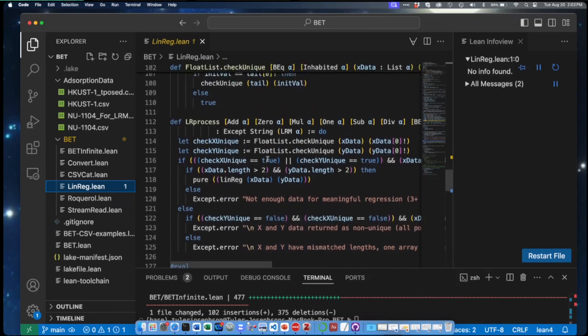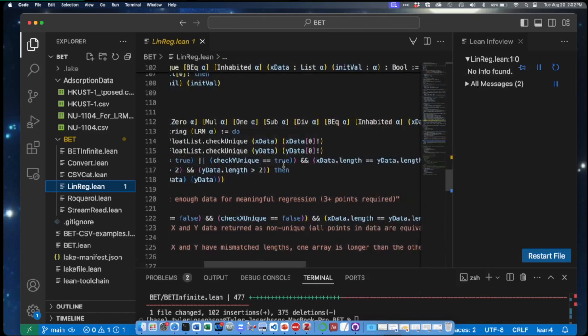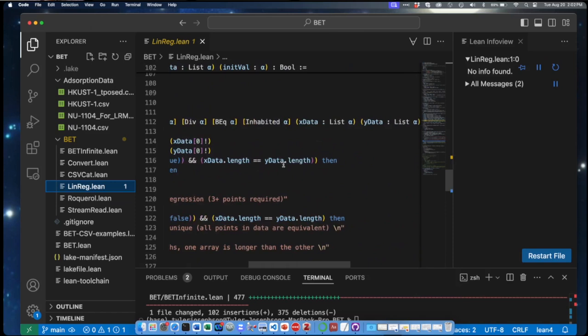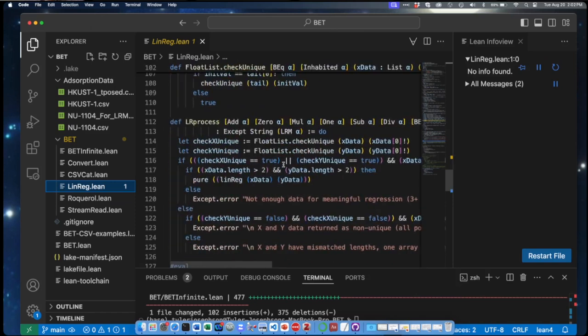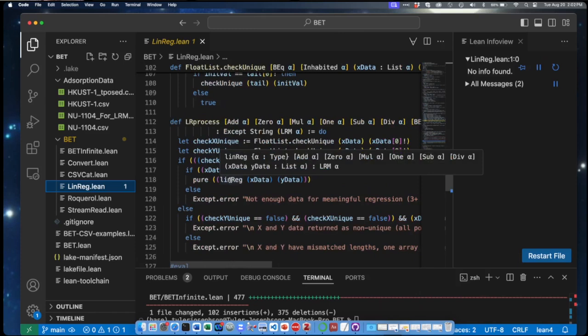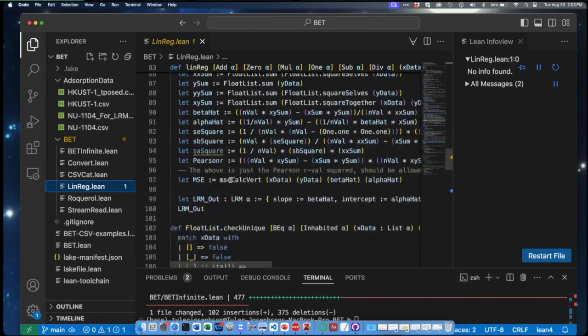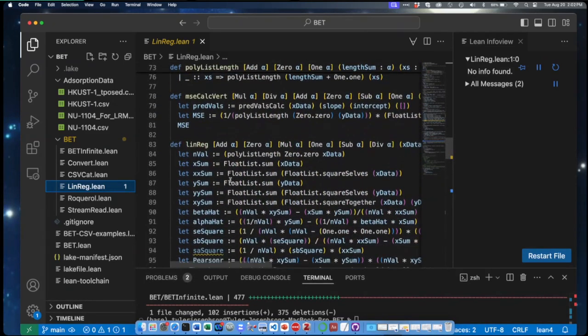What is it calling in here? Here it is. It calls linreg. And so the linreg is up here. And this is our math.